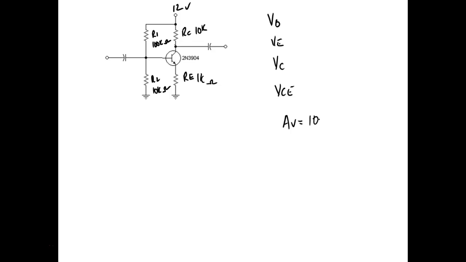If I was troubleshooting, this is what I would measure. I'd measure VB. I'd measure VE. I'd measure VC. I'd measure voltage collector to emitter, and that would tell me everything I need to know about this amplifier.